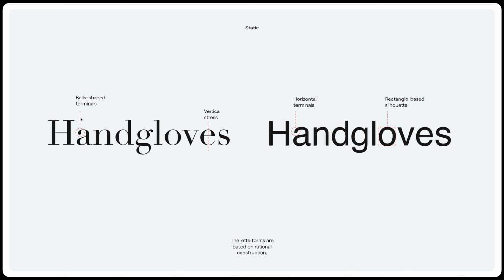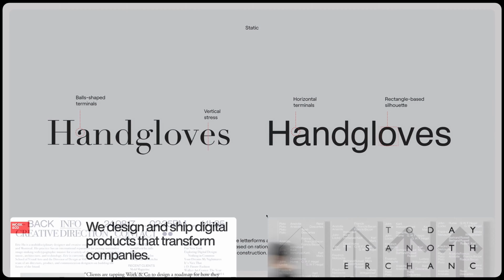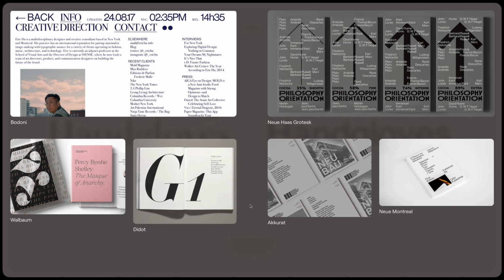You have bowl-shaped terminals for serif, and a very noticeable separation between sans serif transitional and the static is the horizontal terminals. Here you have the terminals which are horizontal, and overall this is very static. Here are some examples of the fonts.